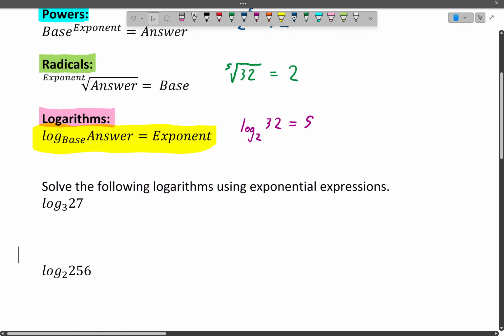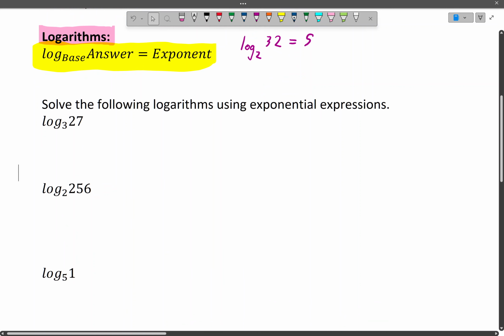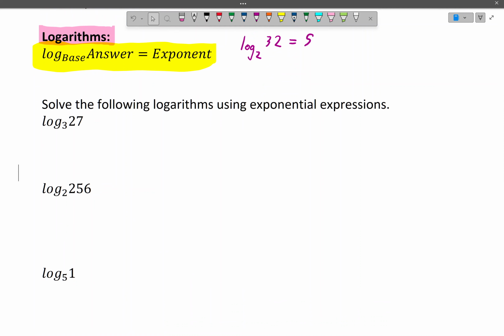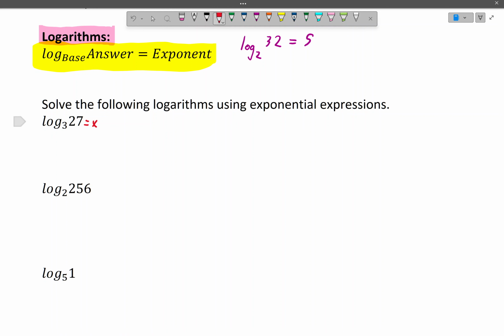So we're going to use that definition in order to solve for some of these questions here. I'm going to do the first one, and then I recommend you try the second one on your own. So here, we're trying to solve for x. We're trying to see what log base 3 of 27 is.